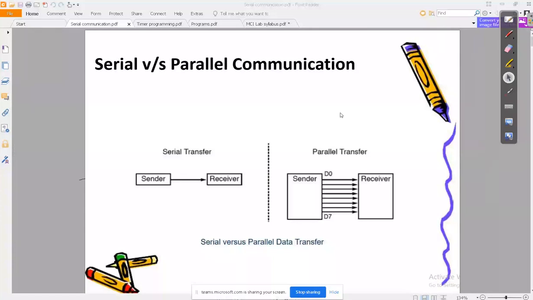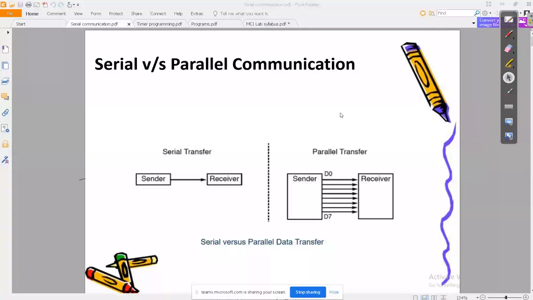Every topic is there: what is serial communication, what is parallel communication, what are the different types of communication, keyboard interfacing 8279, the 8251, 8255. It's in the syllabus. I think you are already studying it.